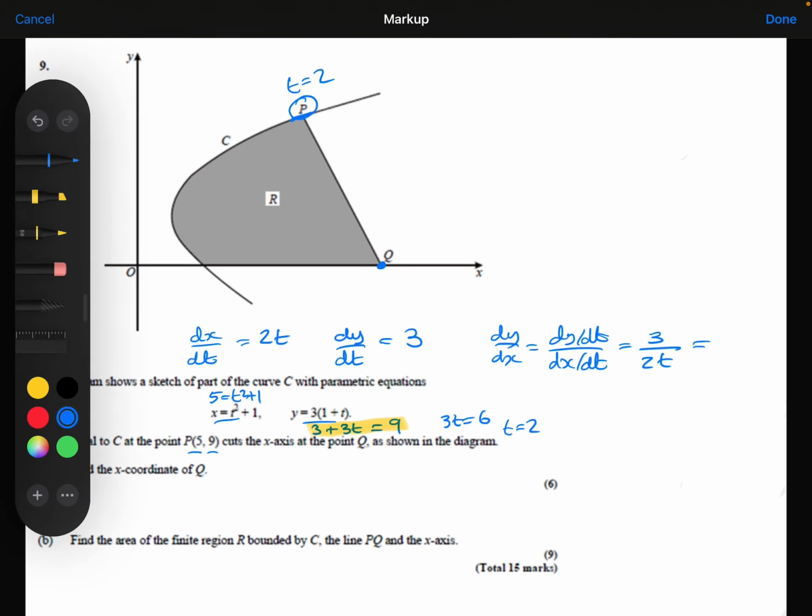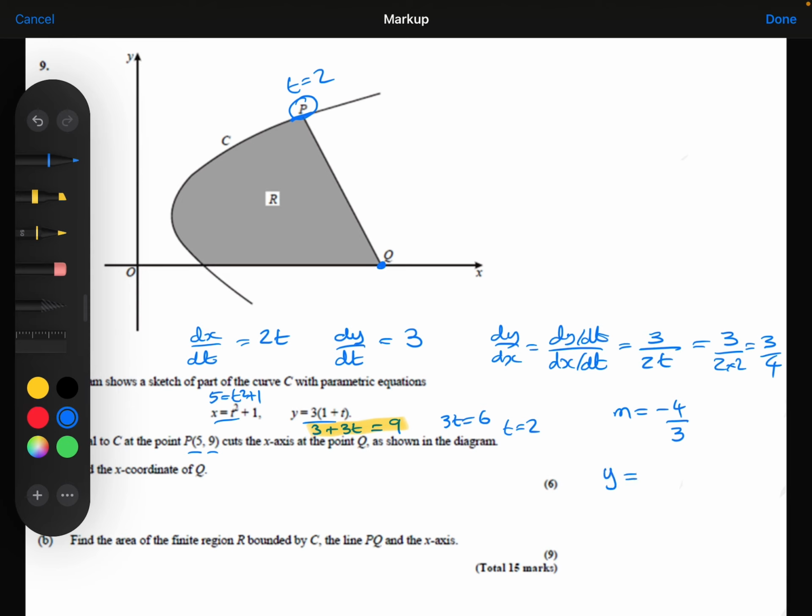Which means the gradient is 3 over 2 times 2, or 3/4. So that's the gradient of the curve at point P. I want the gradient of the normal now. The normal is going to have a negative reciprocal gradient, so minus 4 over 3.